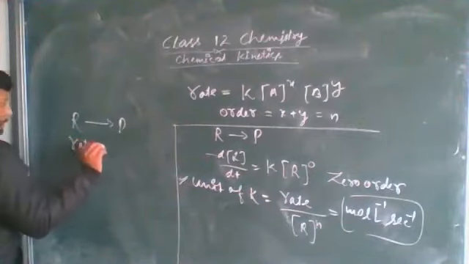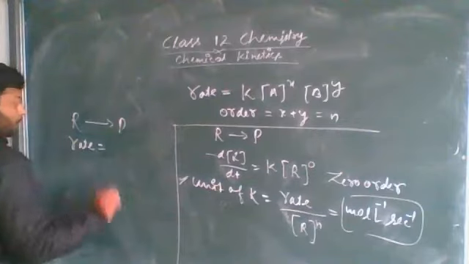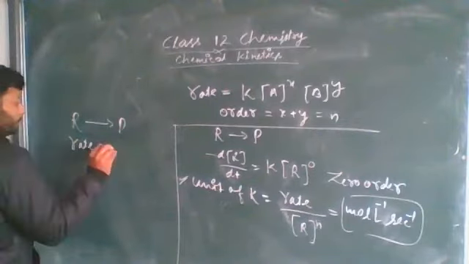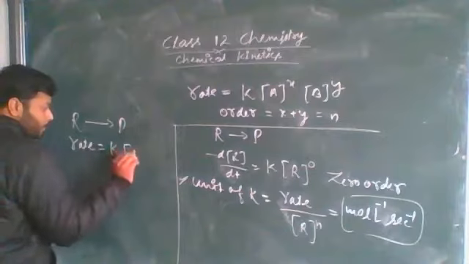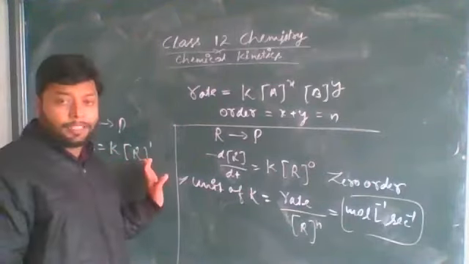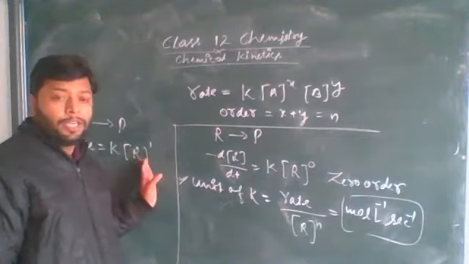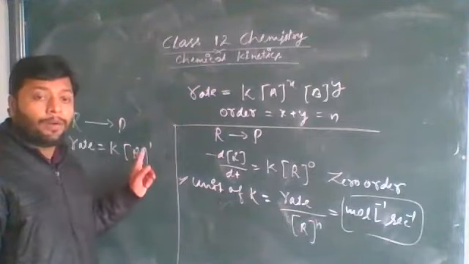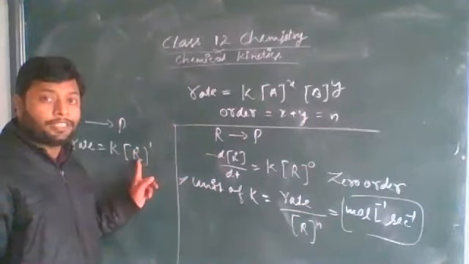For the first order reaction, the rate of reaction will be proportional to the power 1 of the molar concentration of reactant.